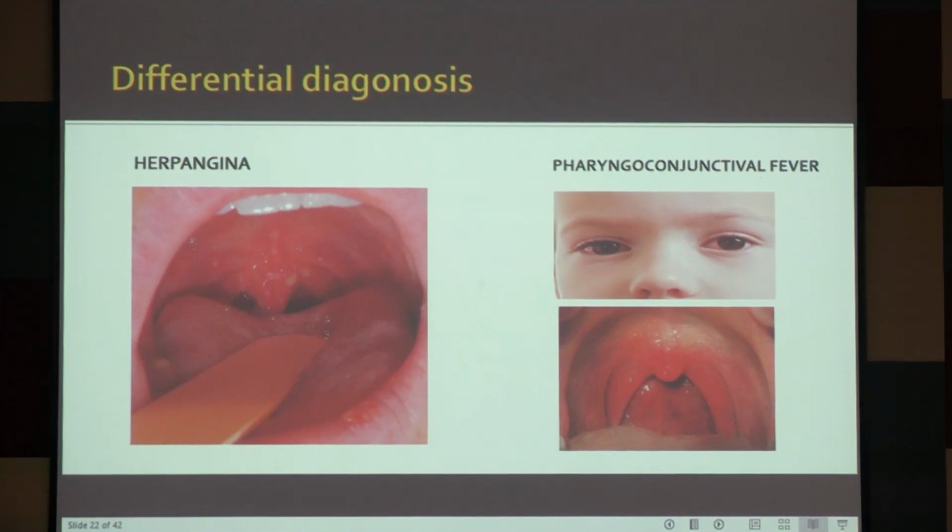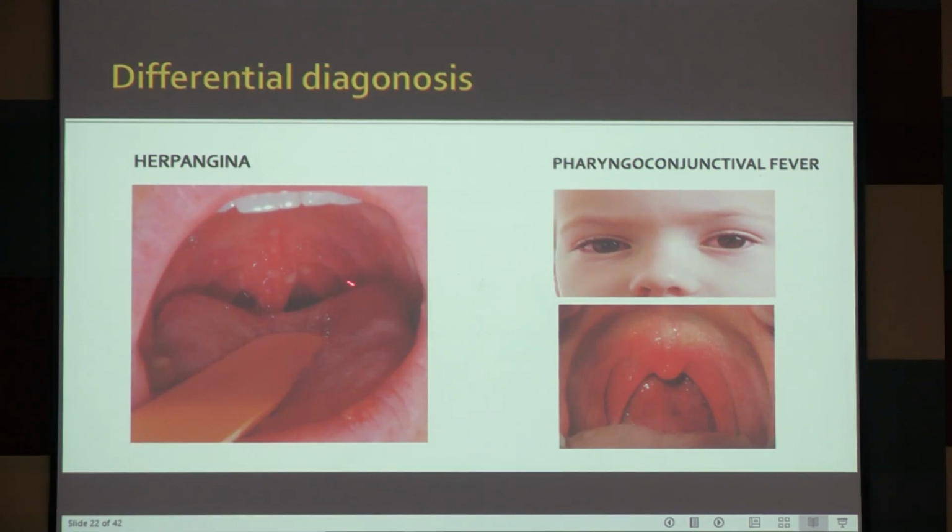These are caused by different viruses. First one is herpangina. Okay. This is caused by group A Coxsackie virus. Here you can see papulo-vesicular lesions over the tongue, pharynx, palate, okay.